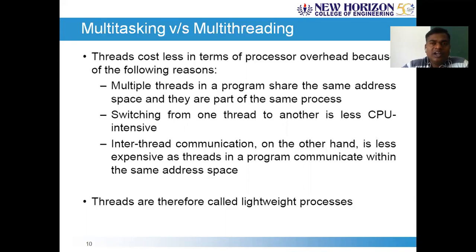And if one thread needs to communicate with the other, for example, the spell checker needs to communicate with the editor, so that a spelling mistake is highlighted in the editor itself, the communication happens between these two threads within the same address space, so it takes very little time and space. So these are the major differences.